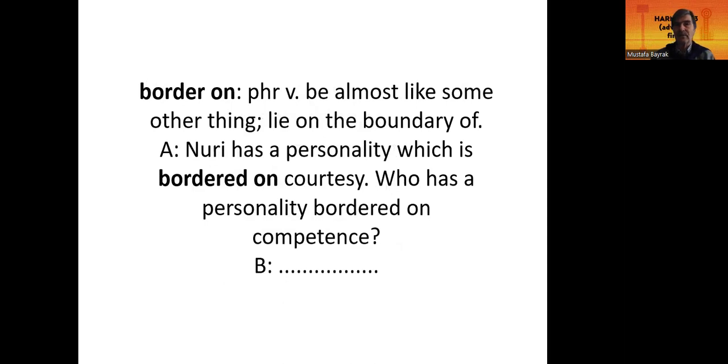Border on, as a phrasal verb, be almost like some other thing. Lie on the boundary of. Nuri has a personality which borders on courtesy. Yeah, his personality lies on courtesy. Who has a personality bordering on competence?